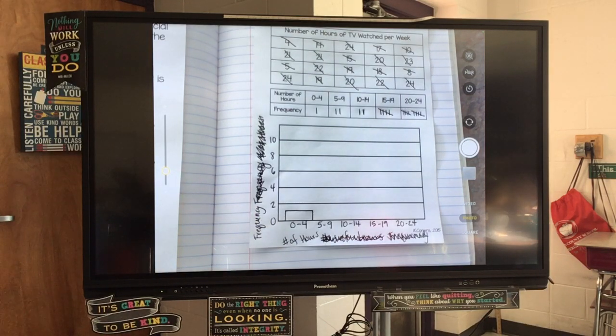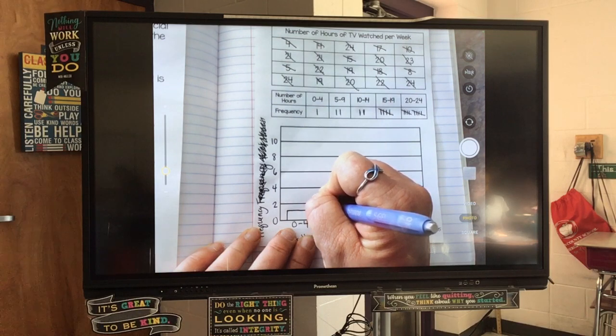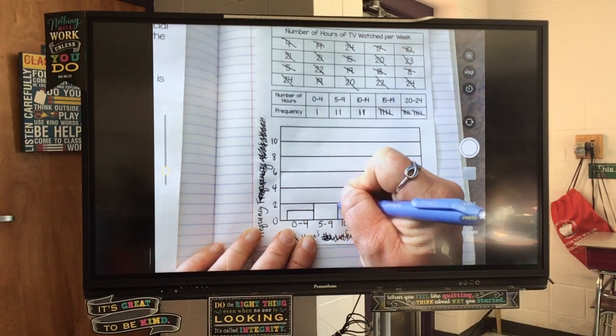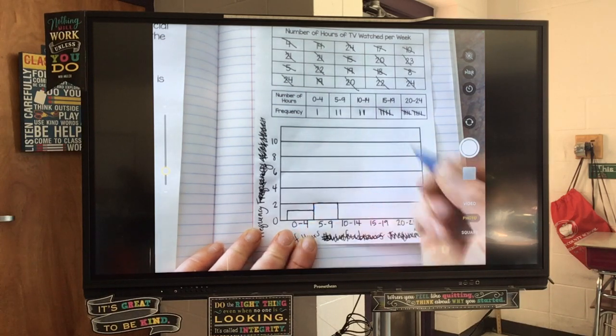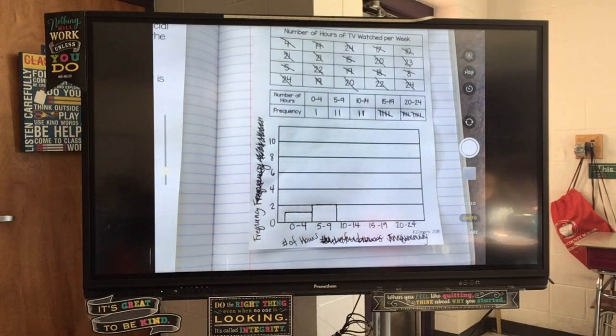All right, 5 to 9 is how many? 5 to 9 is 2. So I'm going to go connecting to this one. I'm just going to go straight up to 2, and I'm going to go straight up to 2. And if you want to put your line across, you can. So right now, what do you notice about our 2 bars that we have put on our histogram?